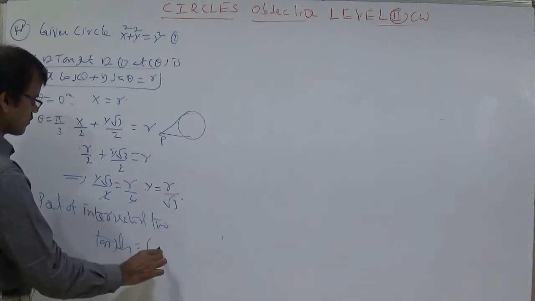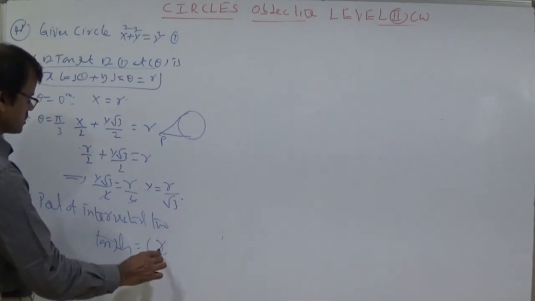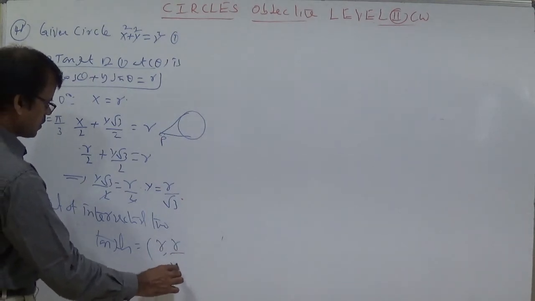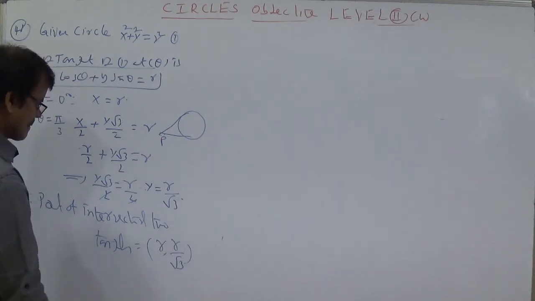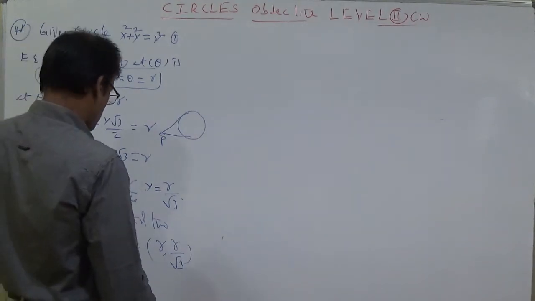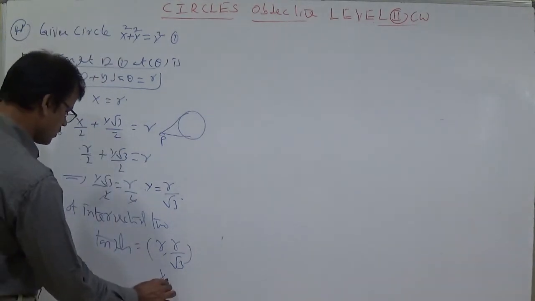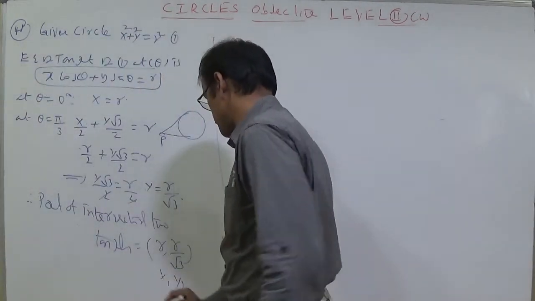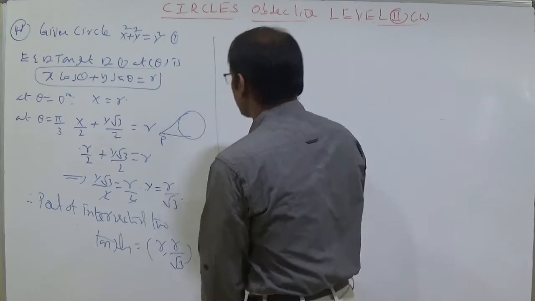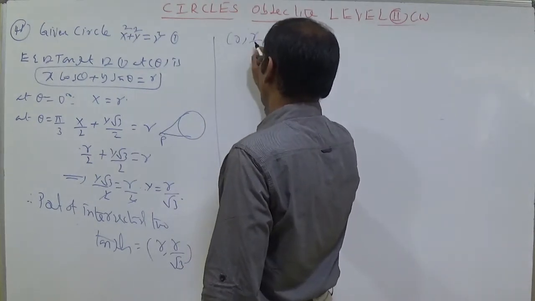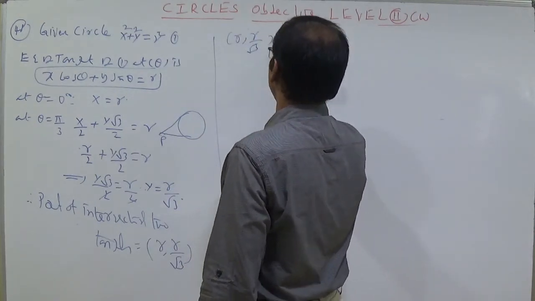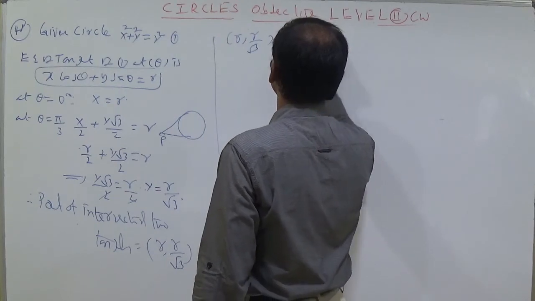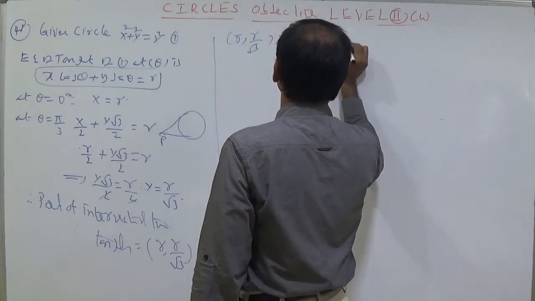The point of intersection of two tangents we can write as r comma r by root 3. Let it be x1 comma y1, the locus point. r comma r by root 3 is the point of intersection. This is the locus point.